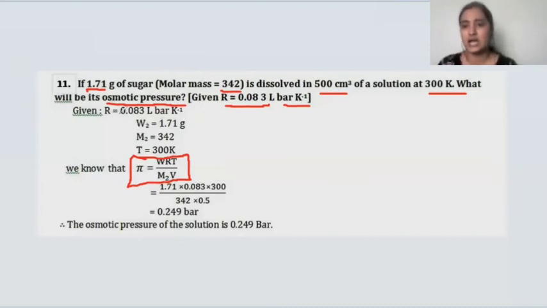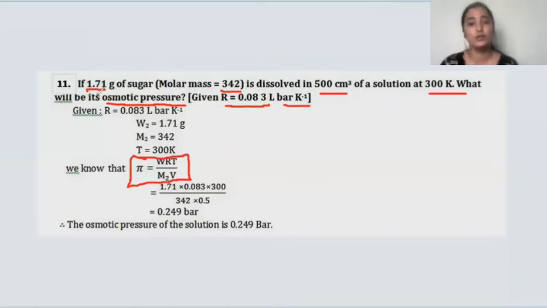What is this R? R is the universal gas constant. They have provided you with the value. Then what they are saying: 1.71 gram of the sugar is dissolved in 500 cm cube of the solution. The substance which we are going to add to the solvent is regarded as solute.